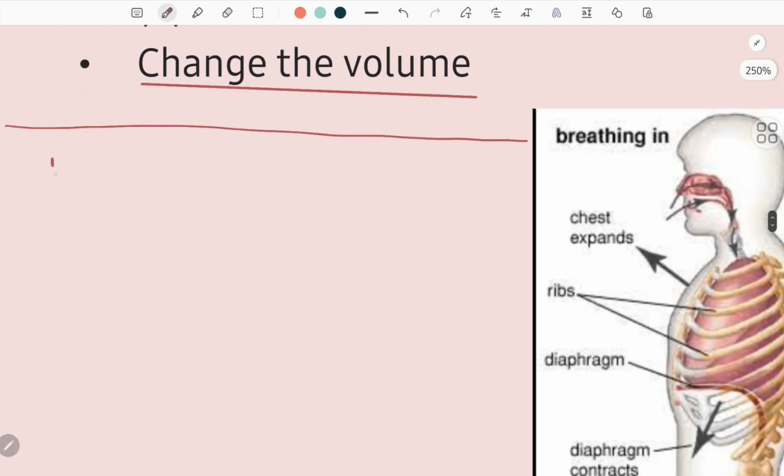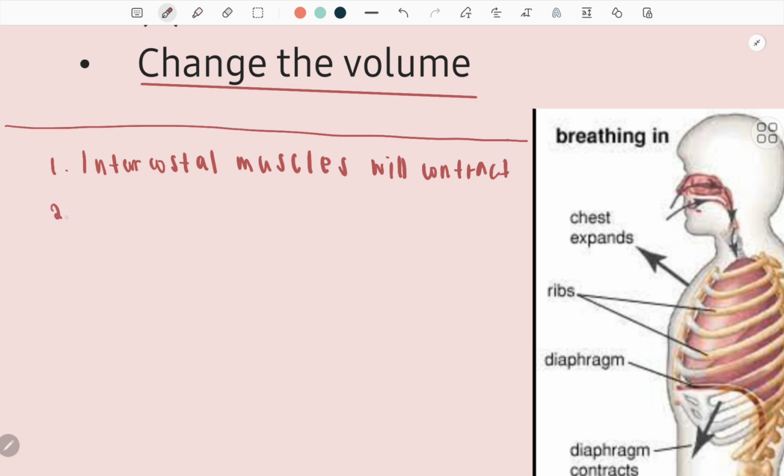Number one, when we breathe in, our intercostal muscles will contract, and number two, it will pull our rib cage up and out.